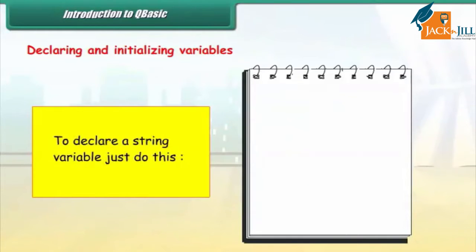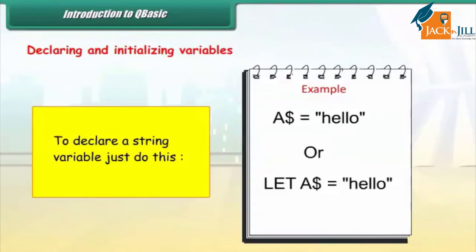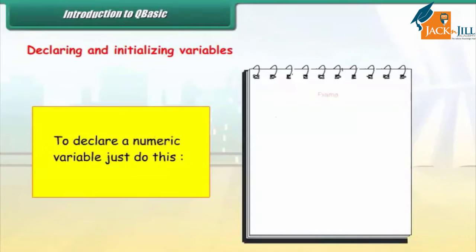To declare a string variable, just do this. Example: a$ = "hello", or LET a$ = "hello". To declare a numeric variable, just do this. Example: a = 8, or LET a = 8.